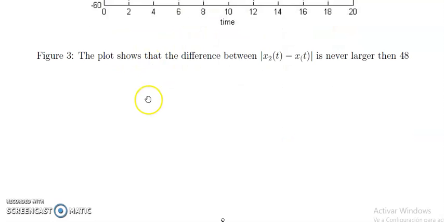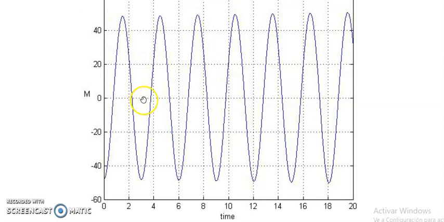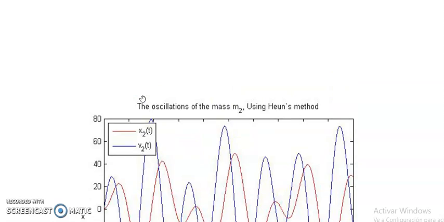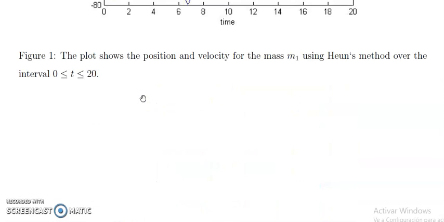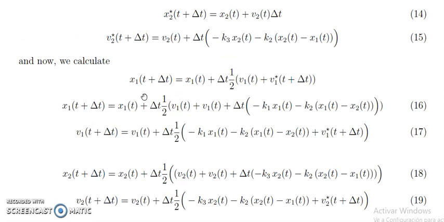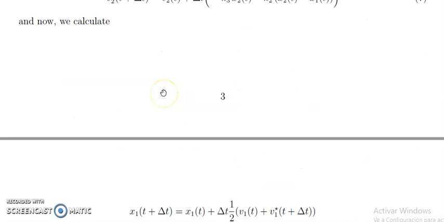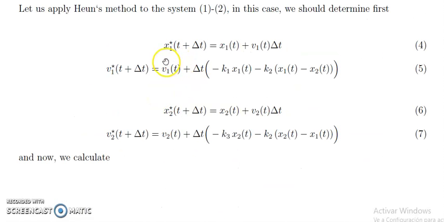This is a nice result, and you see that the only addition to the method was to calculate an intermediate step. This one, the star term.